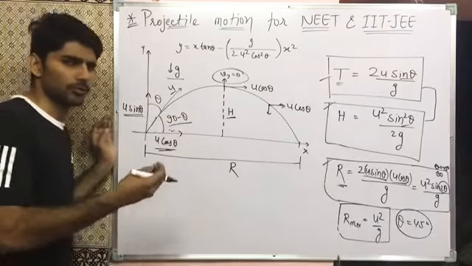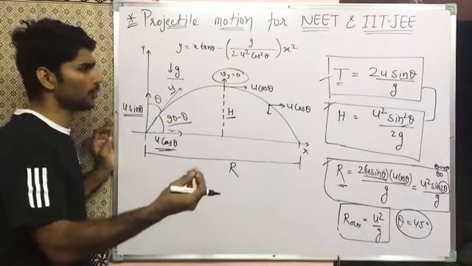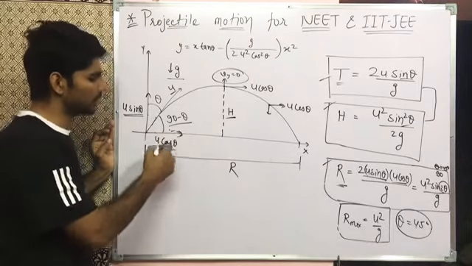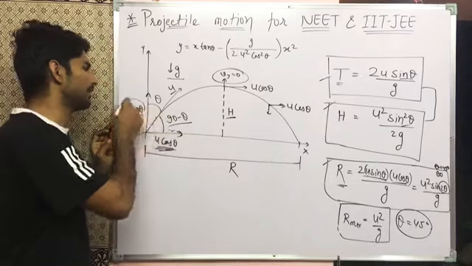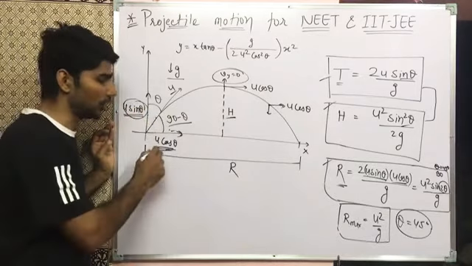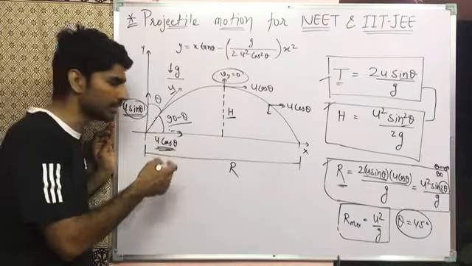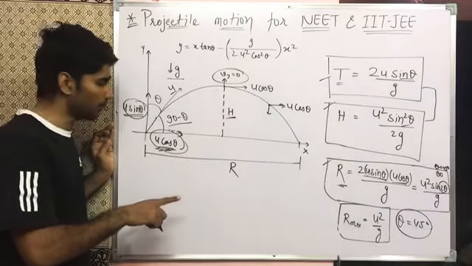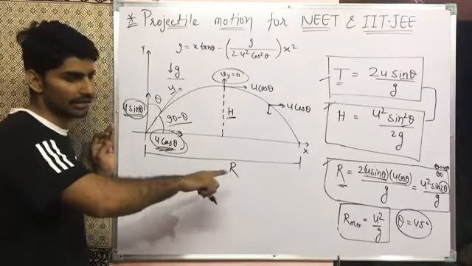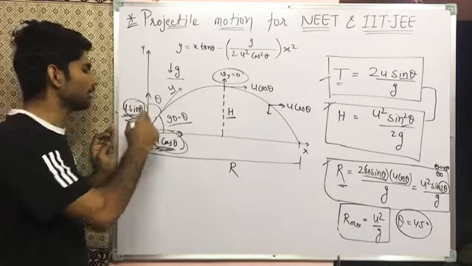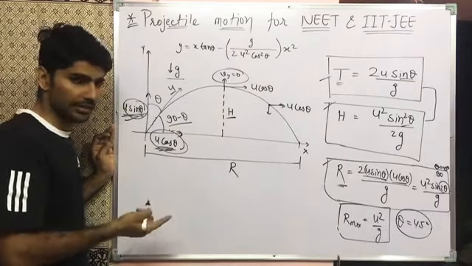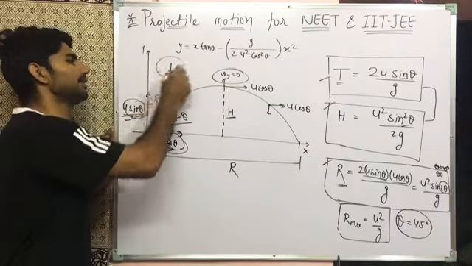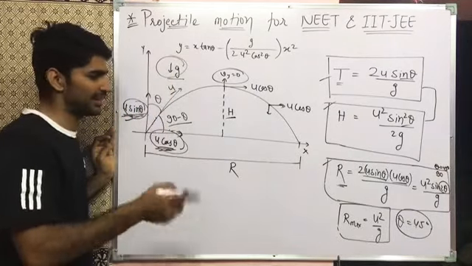Sometimes you are given the time and you don't know what they are talking about, then you just divide the initial velocity into horizontal and vertical components, then use the equations in both directions. And always keep in mind that your horizontal component remains constant during the entire motion, and only your vertical component gets changed. So all the equations of motion are used on this, and the acceleration is always 0 in the horizontal direction.